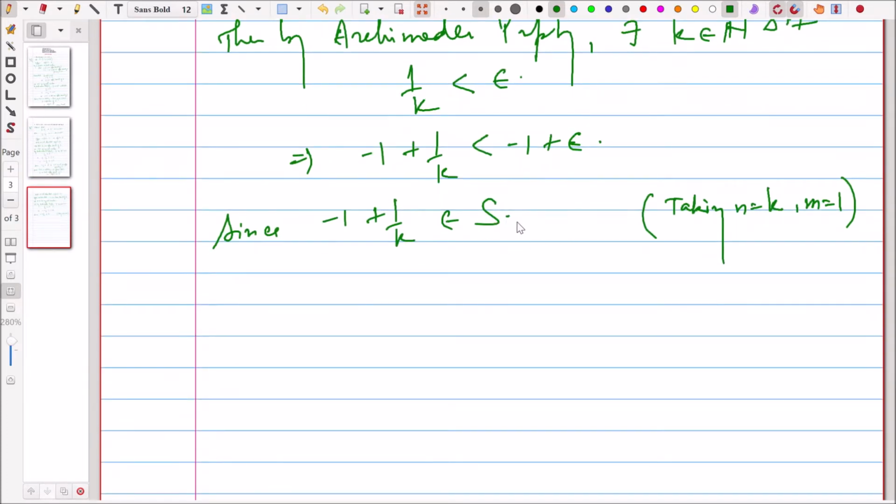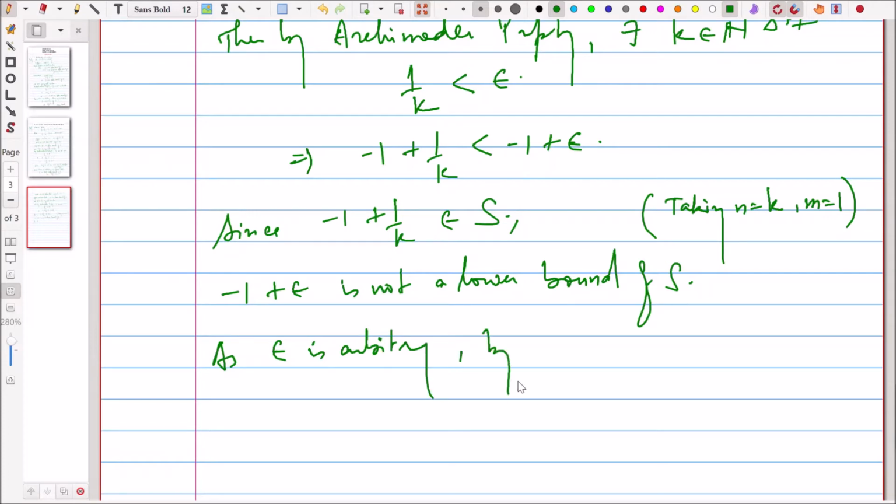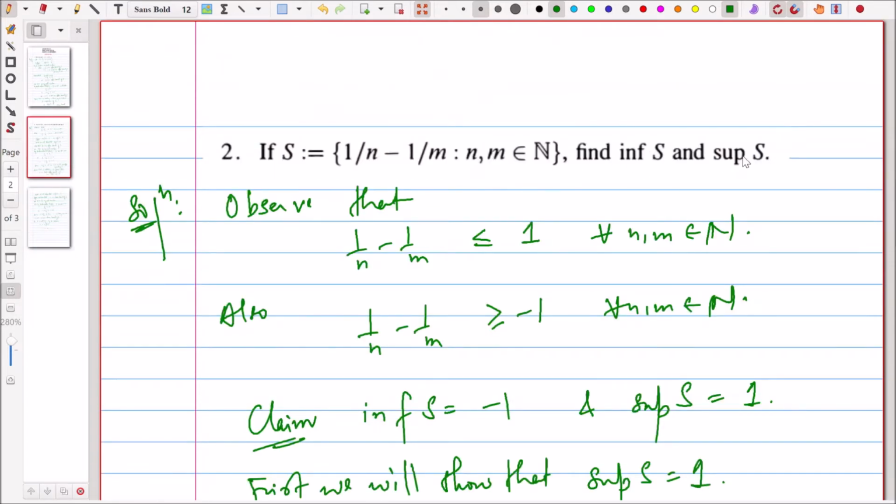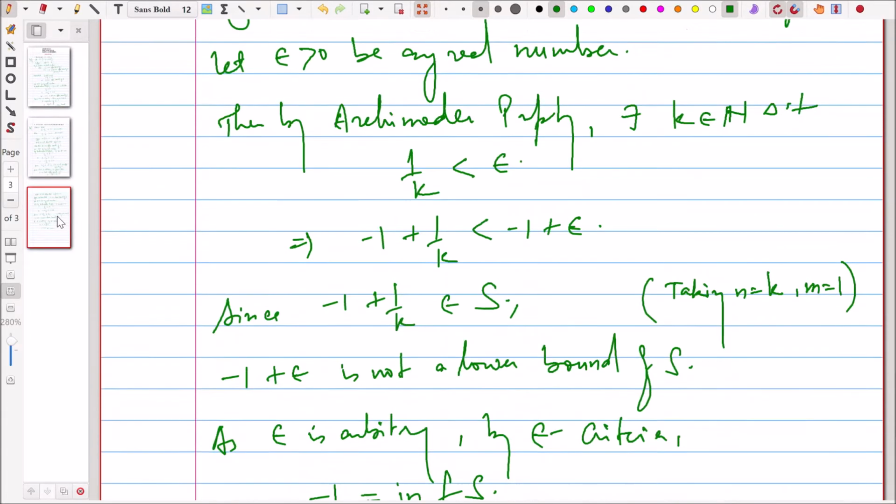Since this is a member of S, minus 1 plus epsilon is not a lower bound of S. As epsilon is arbitrary, by epsilon criteria, minus 1 is equal to infimum of S. So we have shown that supremum of S is equal to 1 and infimum of S is equal to minus 1. So this completes question number 2.